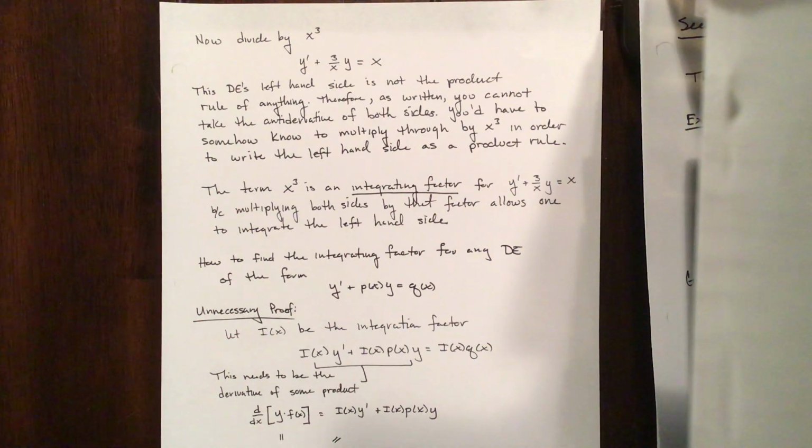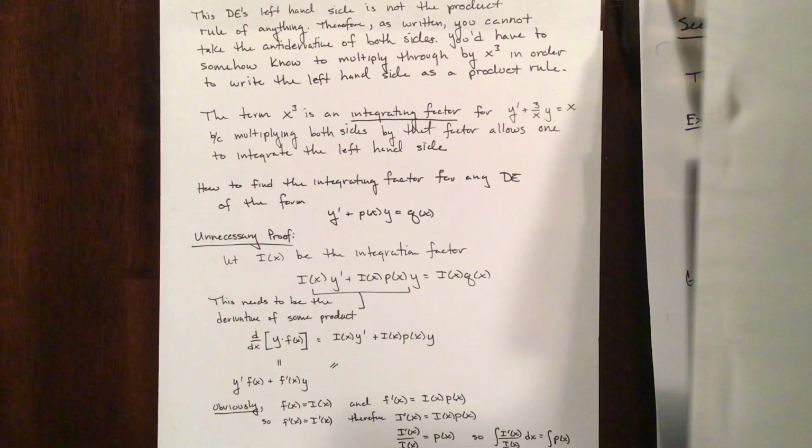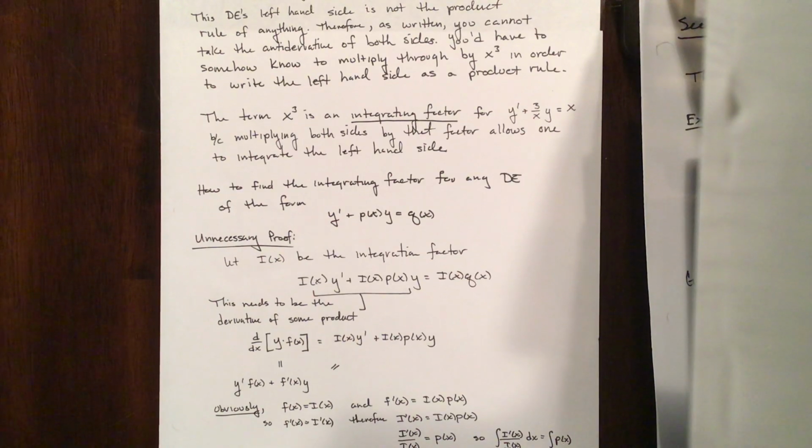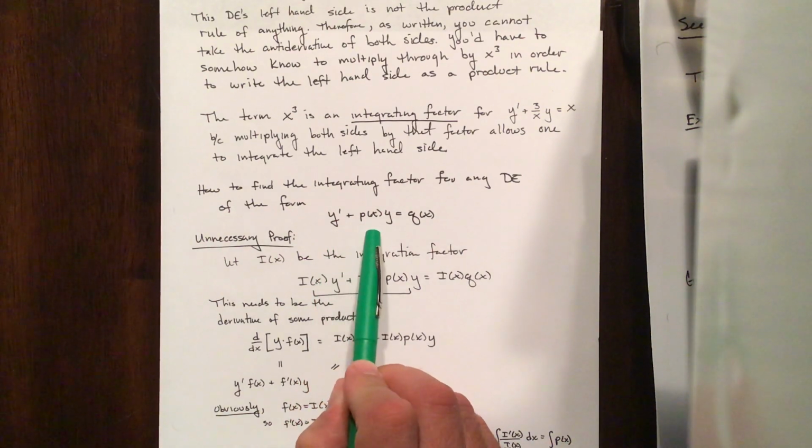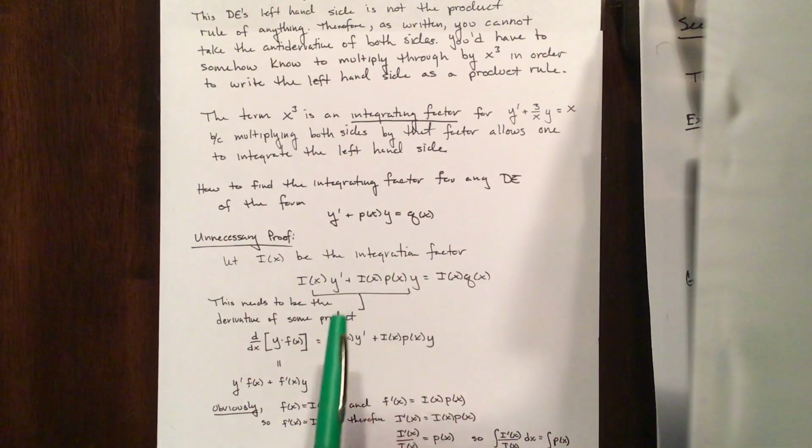Okay, so I'm going to go through a proof. I called it an unnecessary proof, but I want to make sure that you know that this is not just make-believe stuff. I'm only saying it's unnecessary because I'm not going to ask you to prove it. So here we go. We start with a differential equation of the form y prime plus some function of x, y equals q of x.